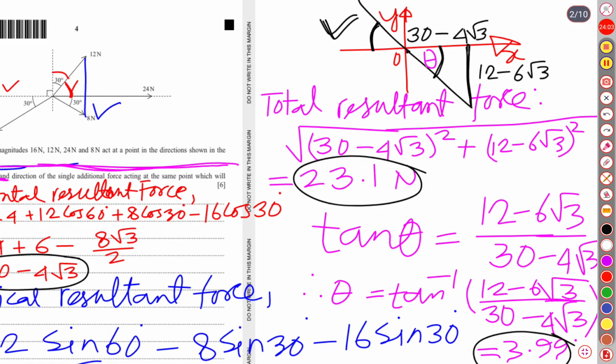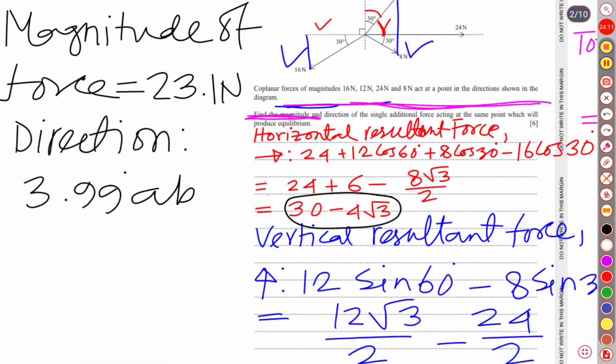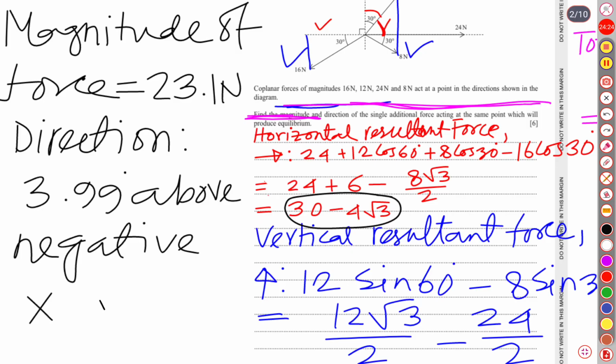So this is above the negative x-axis. So we will just mention this. Direction is 3.99 degree above the negative x-axis. So that is the answer we should show.